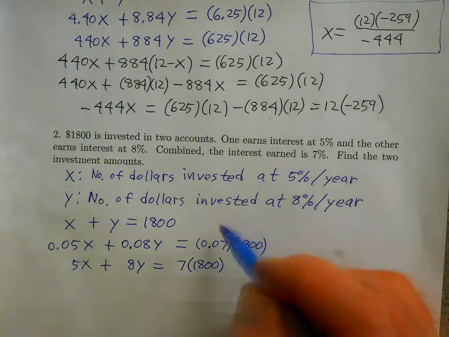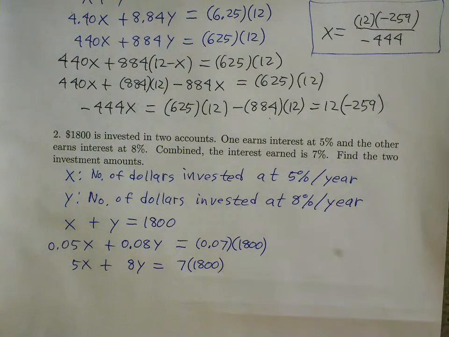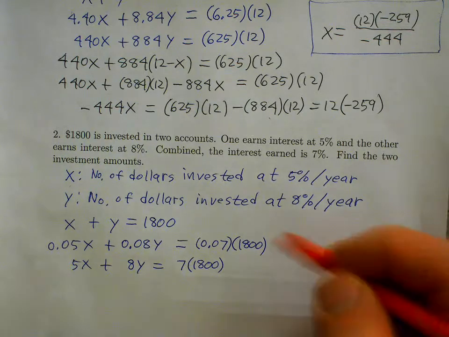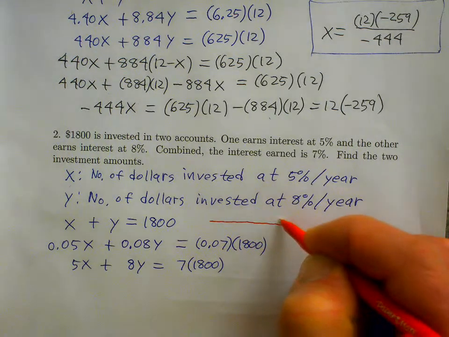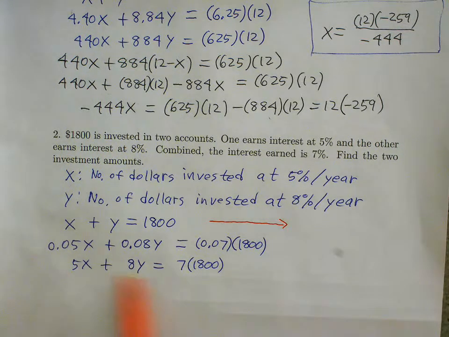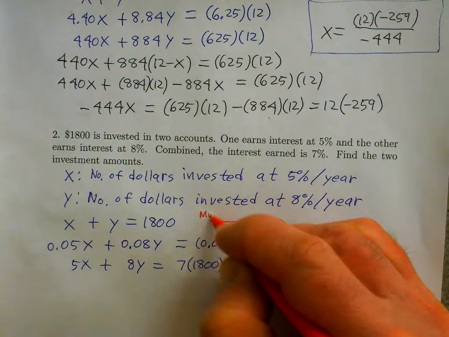And let's use the addition method this time. I'll leave this equation the way it is, 5x plus 8y equals 7 times 1800. And I'll focus on eliminating x, so I'm going to multiply every term on both sides of the first equation by -5.